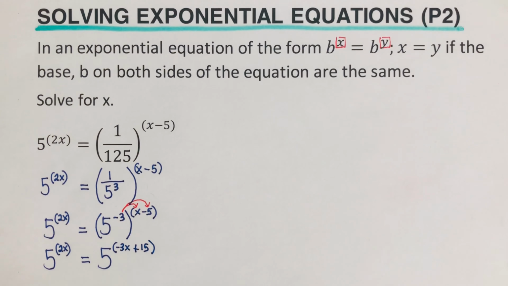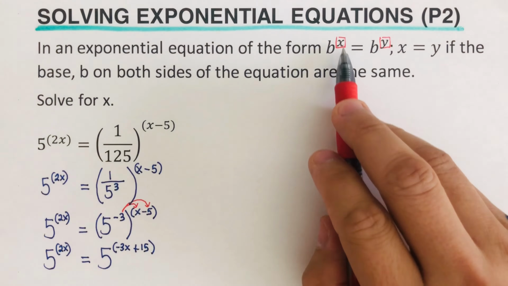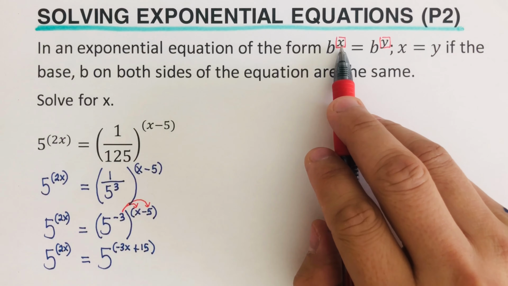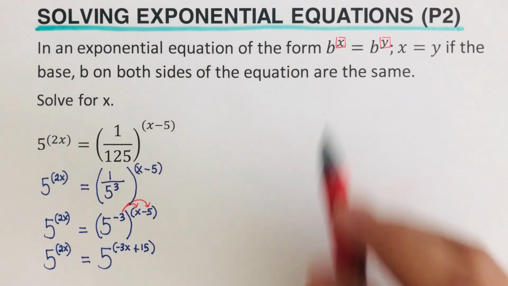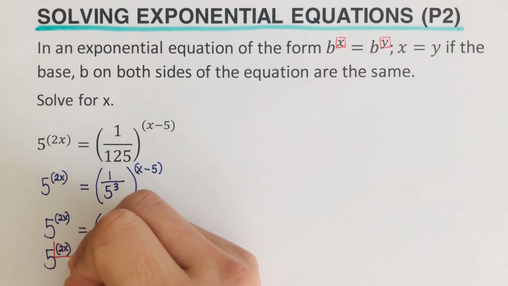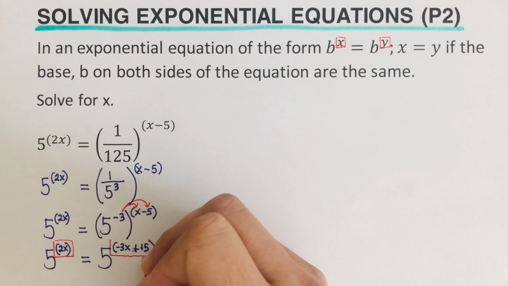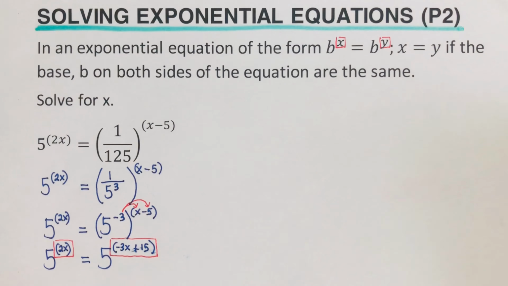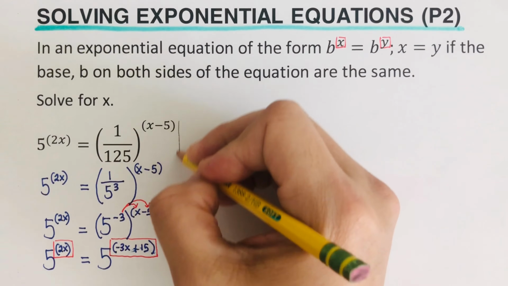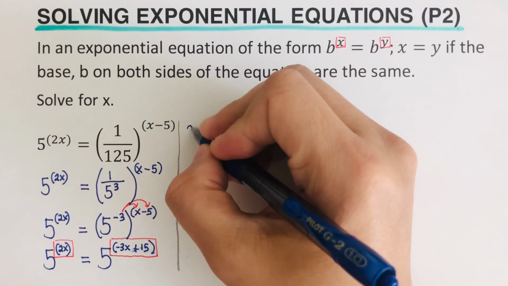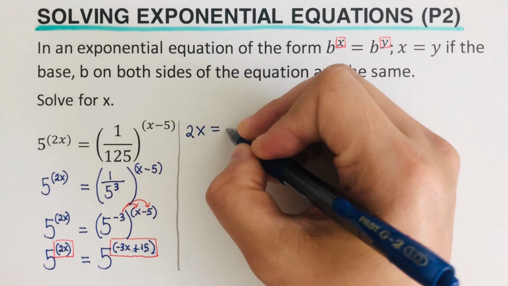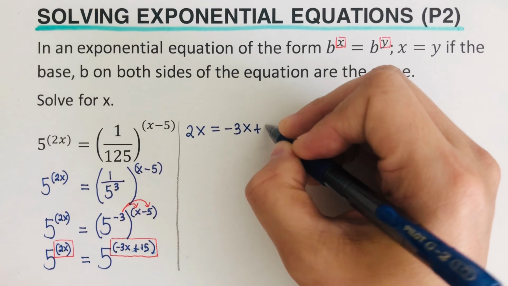So then, as you can see here, we already have the same base. Both bases are 5. Now, since we already have the same base, we can therefore solve for the x by putting their exponents equal to each other. So this 2x and this negative 3x plus 15 would be equal to each other. I'm going to show the work on the side over here to solve for x. So that would be 2x is equal to negative 3x plus 15.